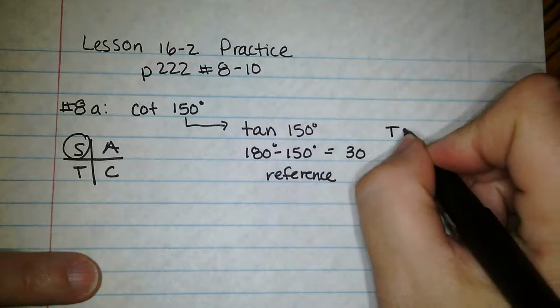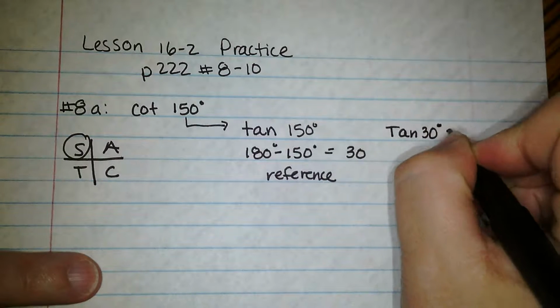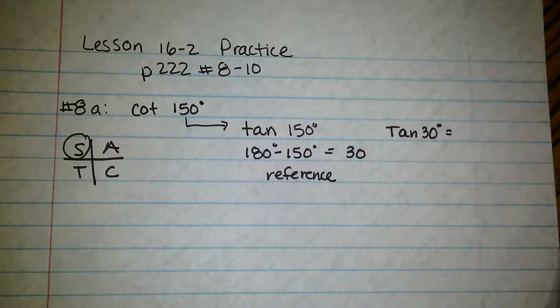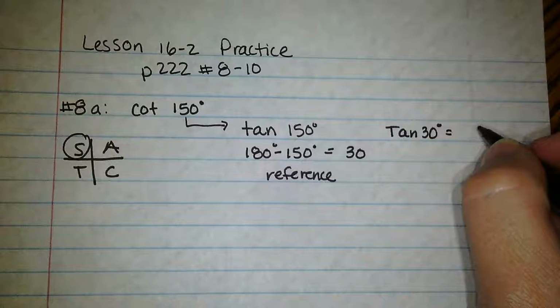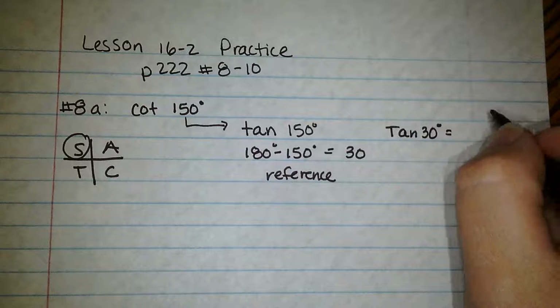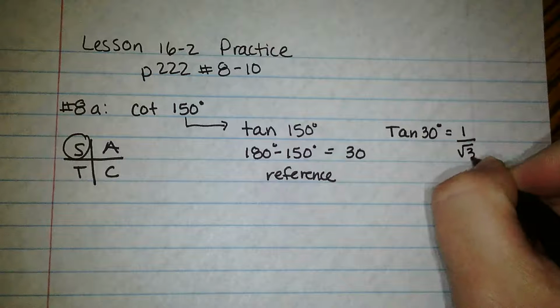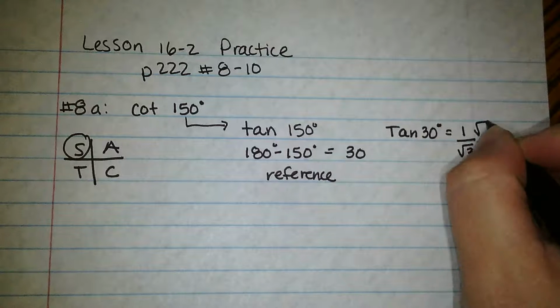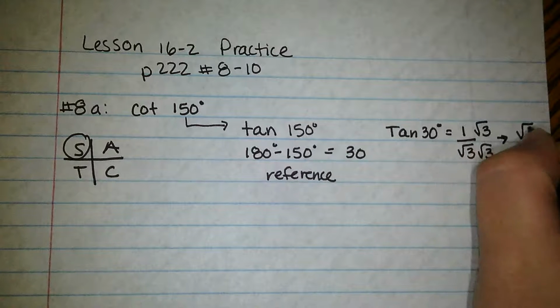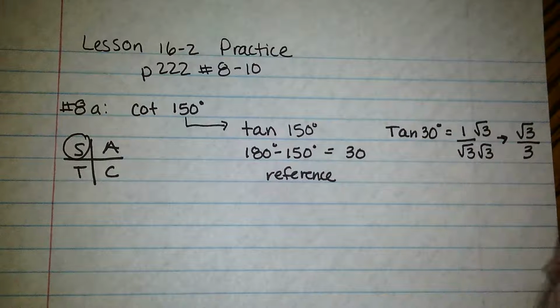So I need the tangent of 30 degrees. When you look up the tangent of 30, it's going to be radical 3 over 3, or 1 over radical 3, which rationalizes to radical 3 over 3.